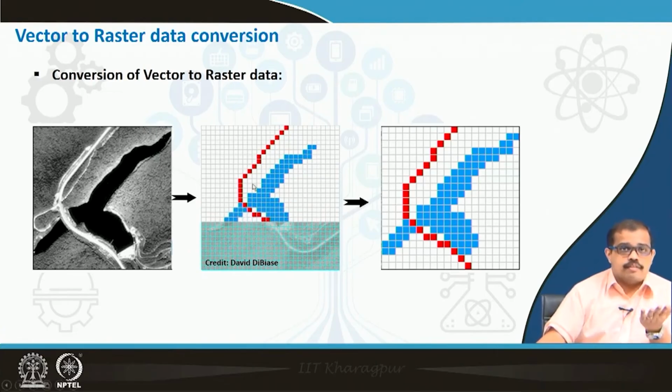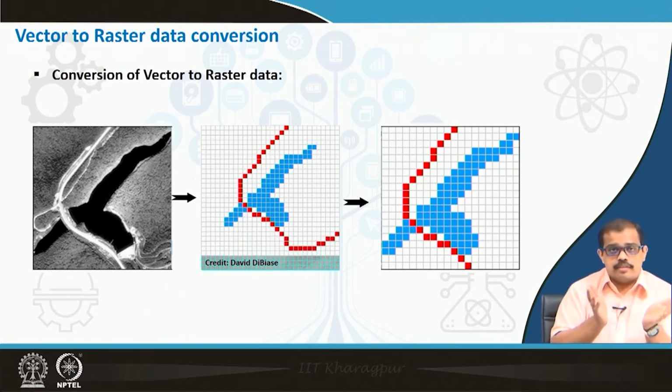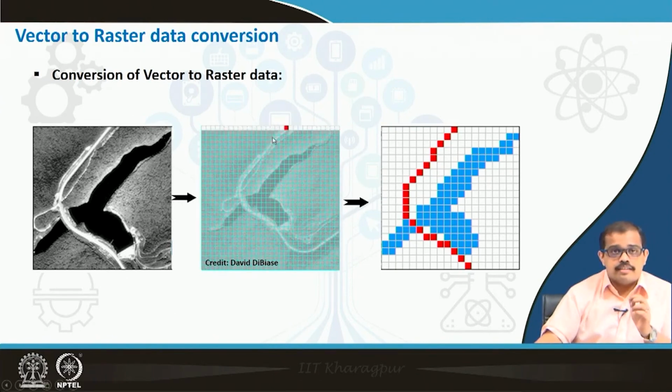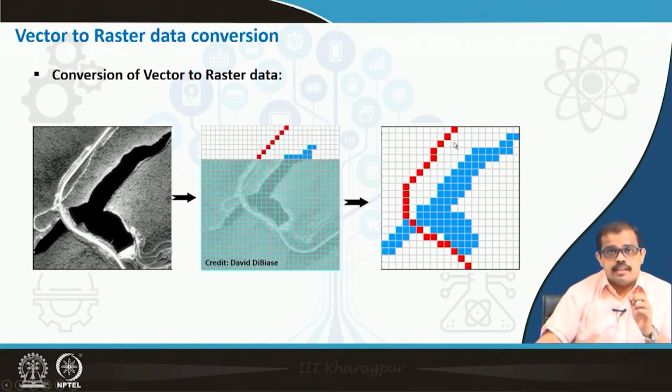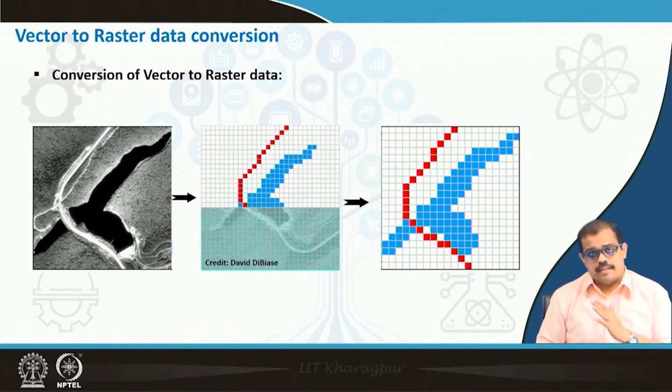See, these are different cells in a grid, and both of them will have the same coordinate system, the same projection and the same way of looking at it. So, now this particular line is converted into a feature in the form of pixels. You can see here every line is nothing but pixels that have been put here. Okay, that is how you convert vector data to raster data.